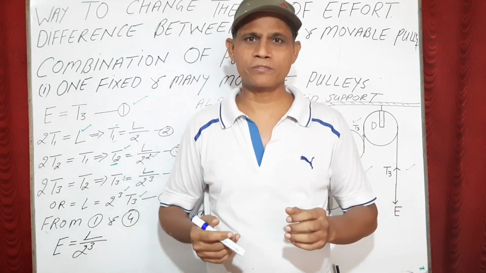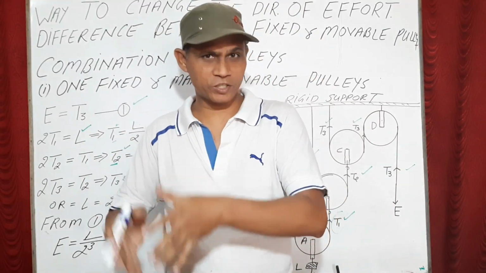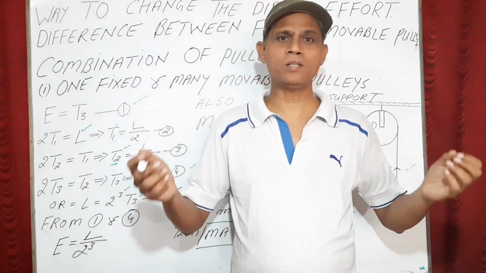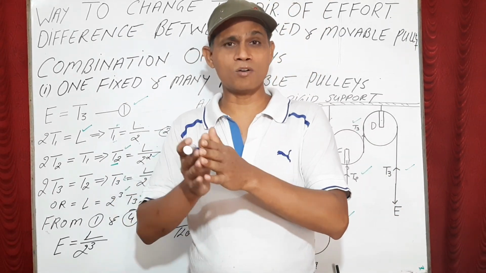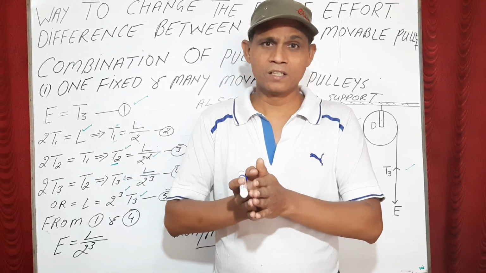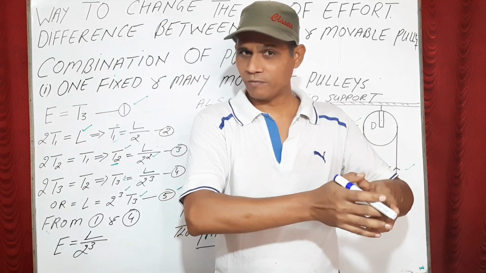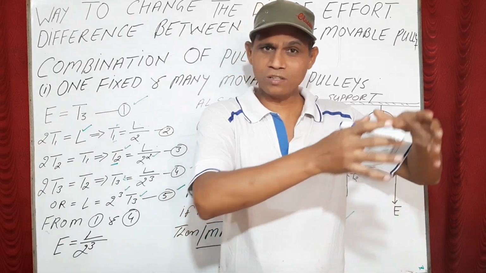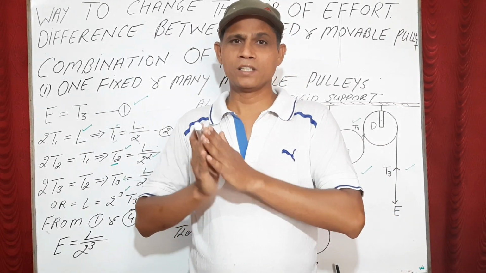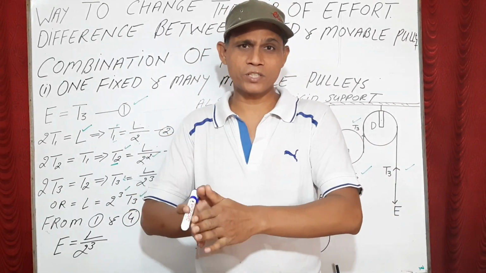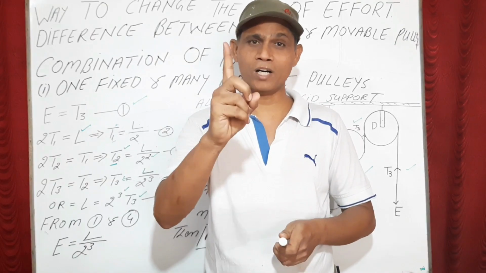Now the next topic which we are going to discuss today is the difference between a single fixed pulley and a single movable pulley. What is the difference? First difference: in case of a single fixed pulley, its position is fixed. But in case of a movable pulley, its position is not fixed. It can move. Second difference: the mechanical advantage and velocity ratio of a single fixed pulley is how much? 1.